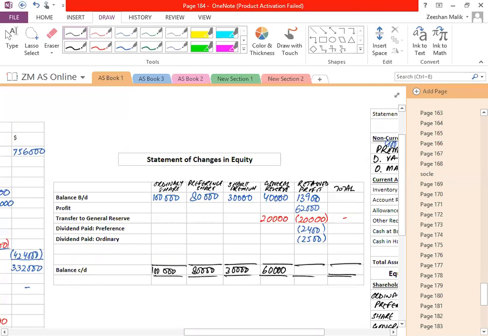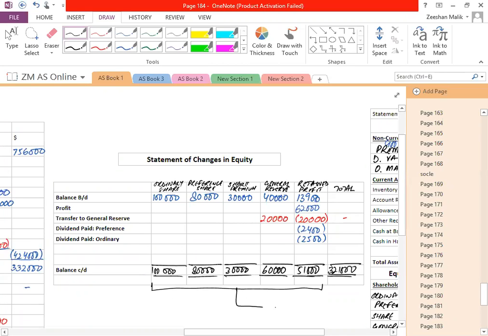Retained profit 51,000. Kindly verify. Take the sum. It's 321. Kindly verify this is 321.